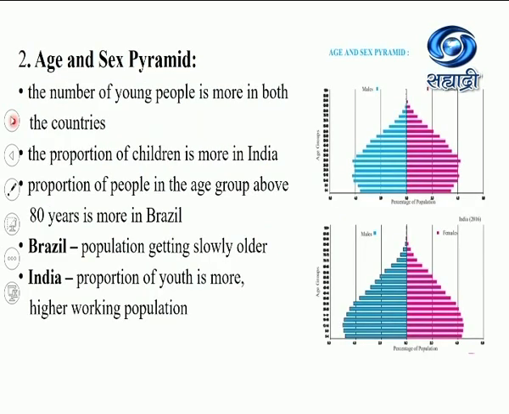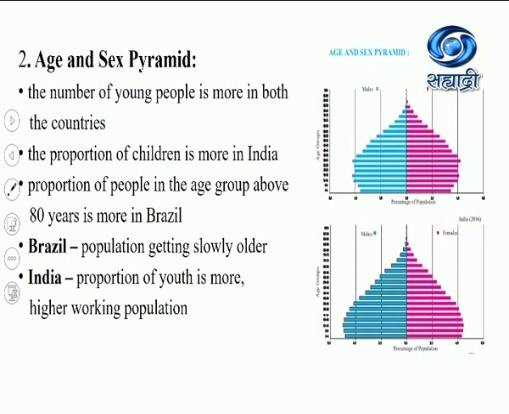So this is the age and sex pyramid. Here you can see the x-axis and the y-axis. The y-axis will always show the age groups of that particular region. The x-axis will show the number of people, the percentage of population in a particular region. The left-hand side is always represented by males, the right-hand side by females.